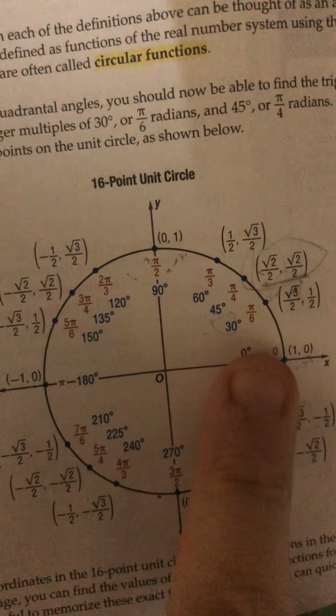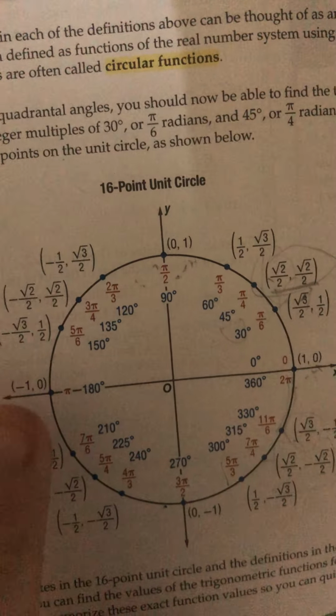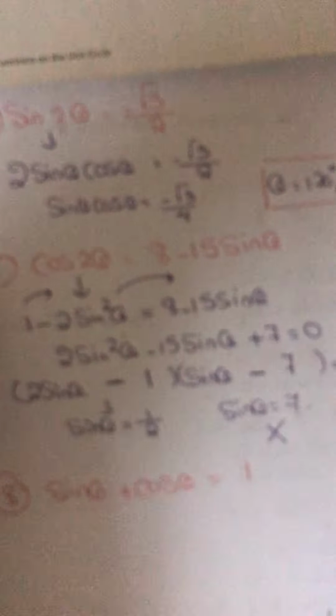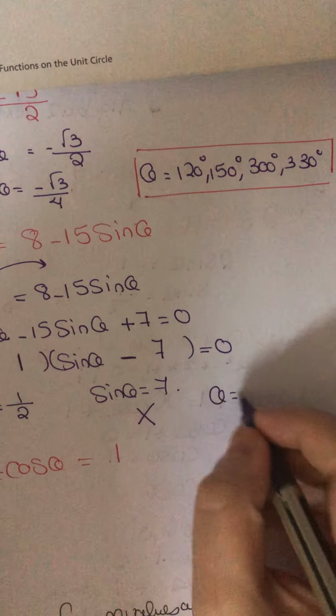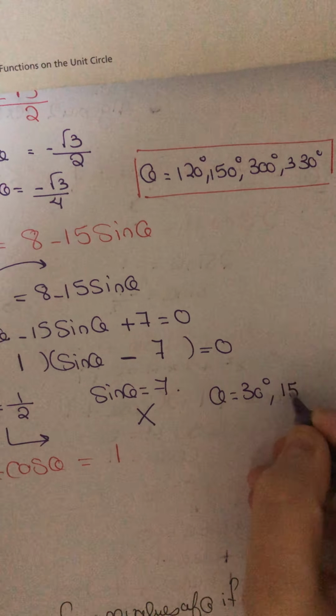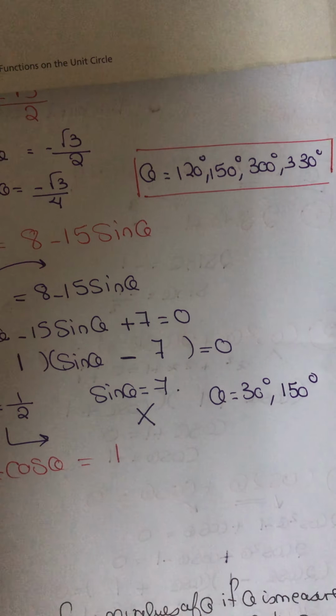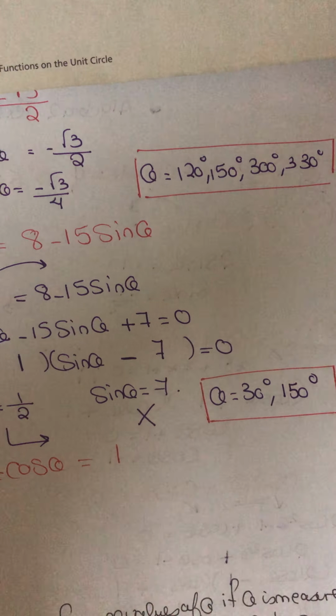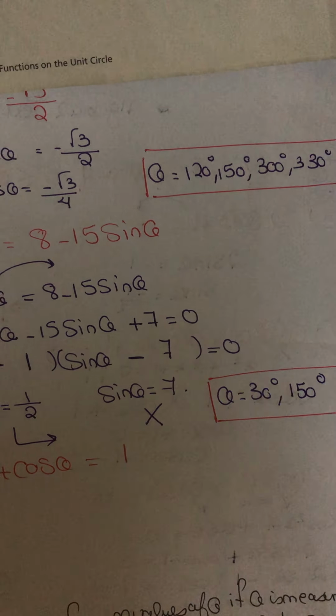Actually at 30 degrees, sine is half, 30 and 150. So your answers here, theta is equal to 30 degrees or 150 degrees. The other one where sine theta is equal to 7, honestly, this is an error, it's not true.